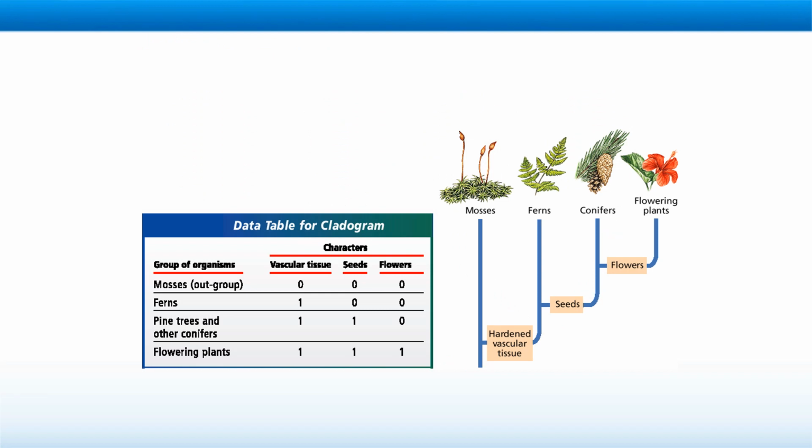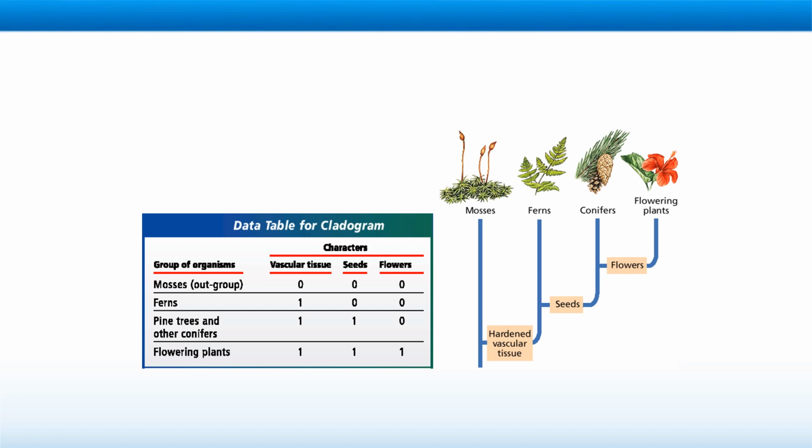This is looking at a data table that is then made into a cladogram. So in this case, you could see how mosses do not have vascular tissue, seeds, or flowers. So mosses tend to be more of a primitive plant that then gave rise to the other organisms.